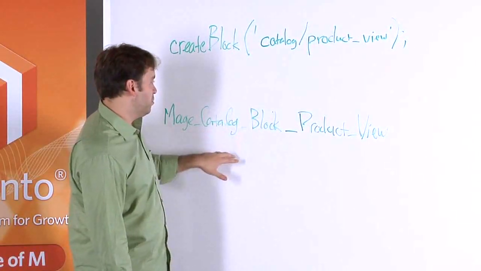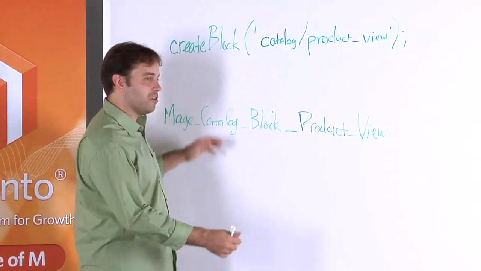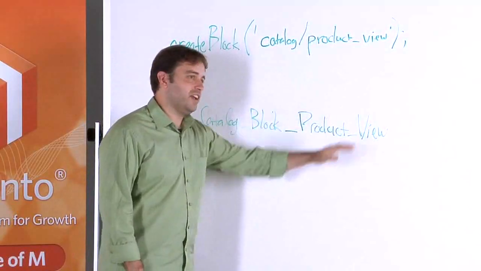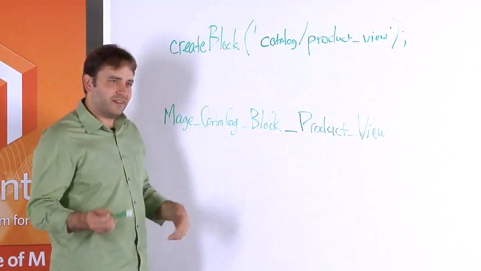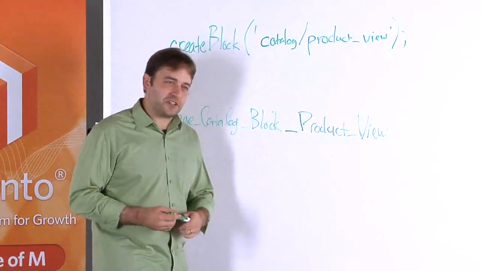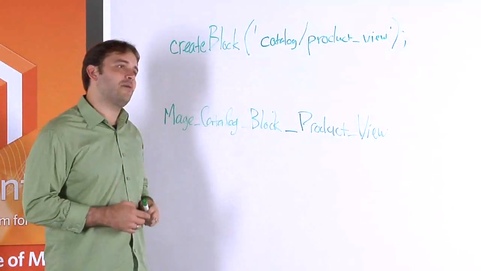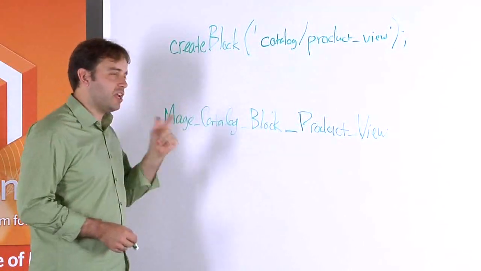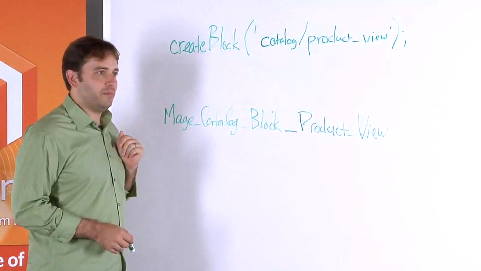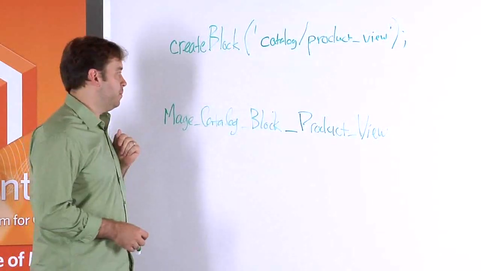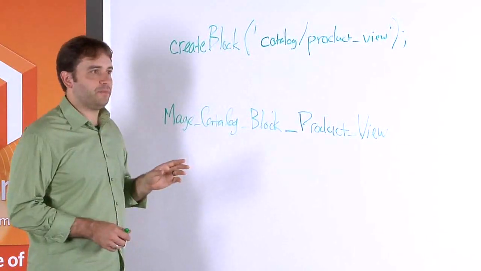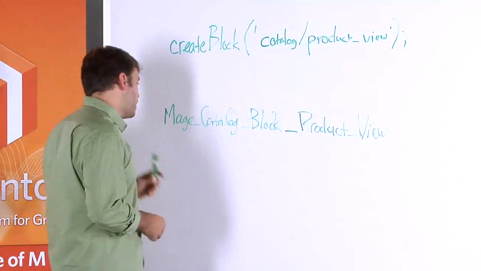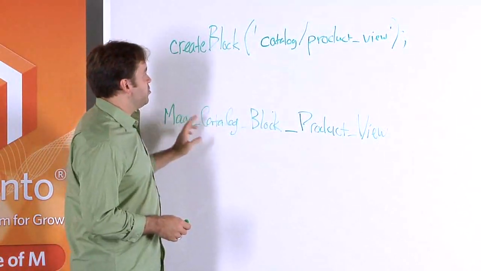Then we run ucwords, add slashes here, and that's our file path. I don't know if that's going to totally make sense. It takes people a long time to really get this. It's a very important thing, because once you understand this, you'll save yourself a lot of time working with Magento.